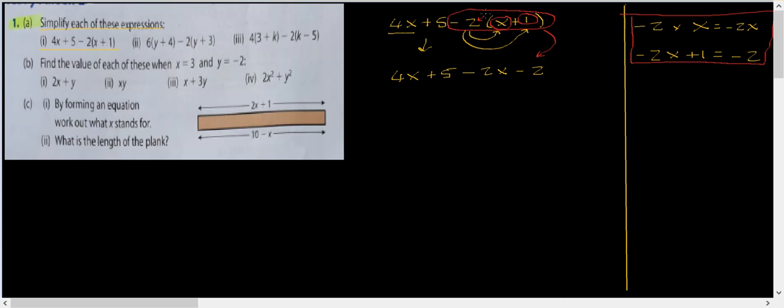The next thing we want to do is identify the like terms. So remember, let's underline like terms. This is 4x. Is there any other term that has an x in it? Now it's just x, and it's like an x. So we have this one here. So 4x and minus 2x are what are called like terms.